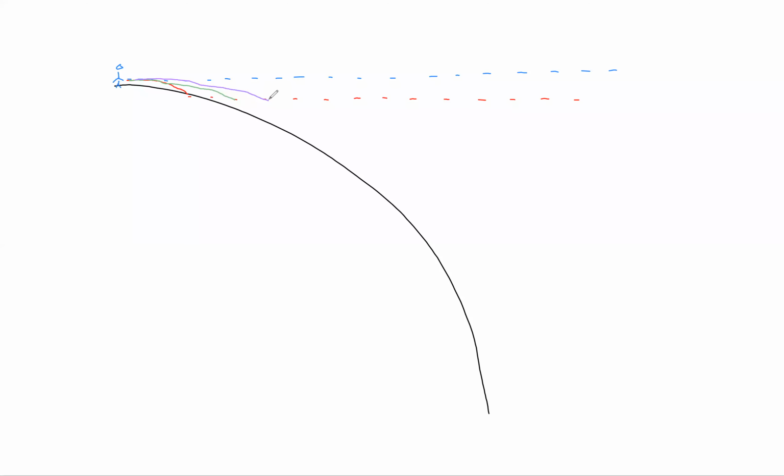I need another color. Let's go with pink. What's going to happen is that the curvature of that object will match eventually the curvature of the Earth if we throw the object fast enough. Okay? But no matter what, in the first second, it is going to fall 5 meters.